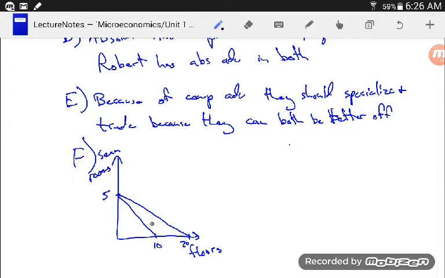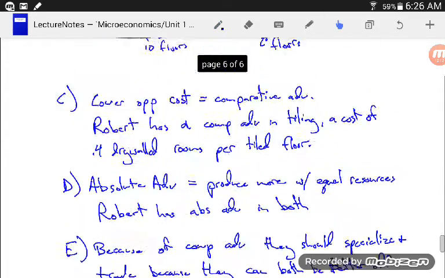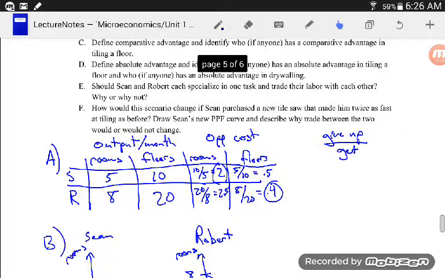If you do draw 2 graphs, it's always good to show direction of movement, and that's his new PPF. I'll call it 1, and I'll call this PPF 0.